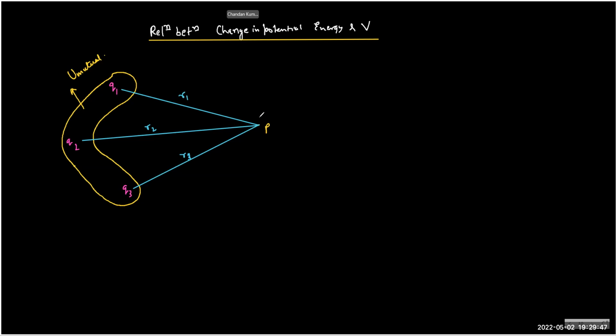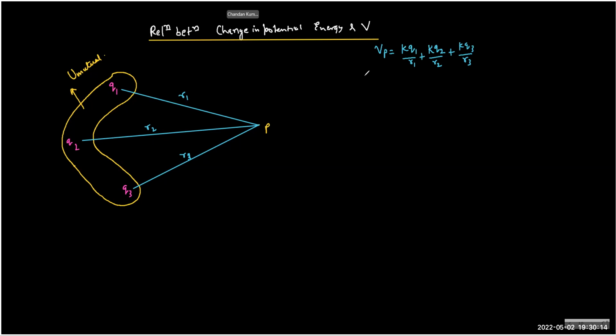Definitely the three charges will contribute their own potential. So the potential at point P will be equal to KQ1 by R1, KQ2 by R2, and KQ3 by R3. This is called the net potential at point P.